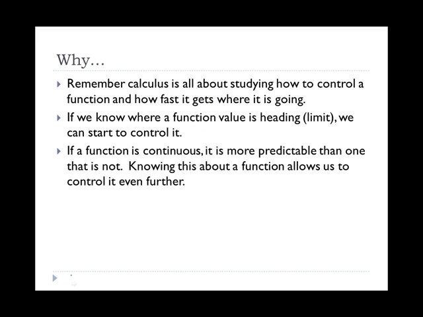So we've answered the question, where is it going? The three things that tell us where it's going are the limits, the function values, and the continuity. And then next, as I said, we're going to talk about how fast it's going to get there. So this wraps up the material for A2, which was on limits and continuity.